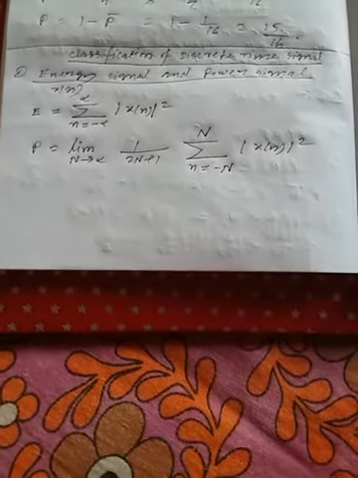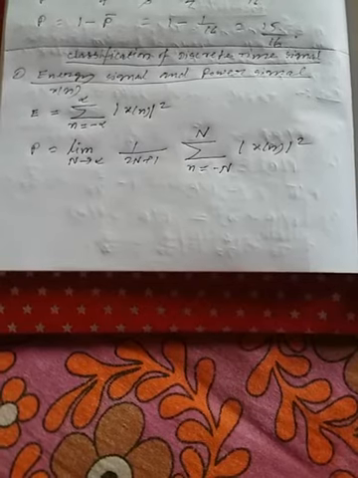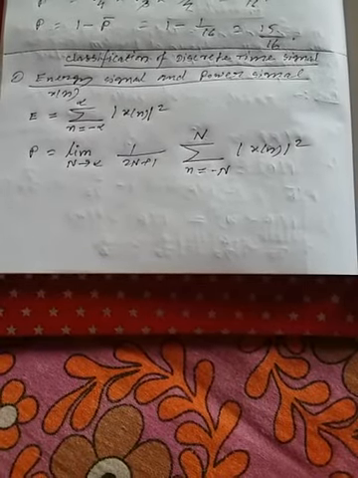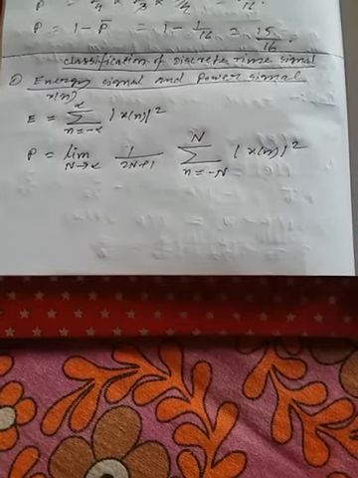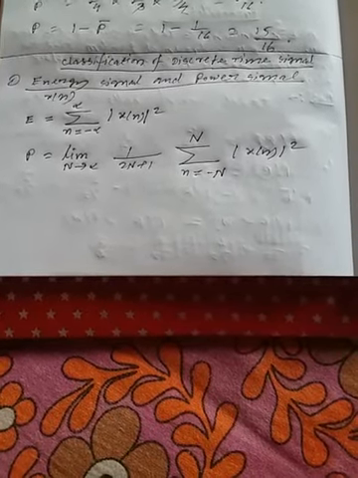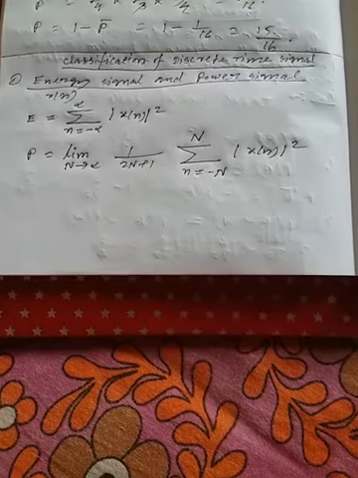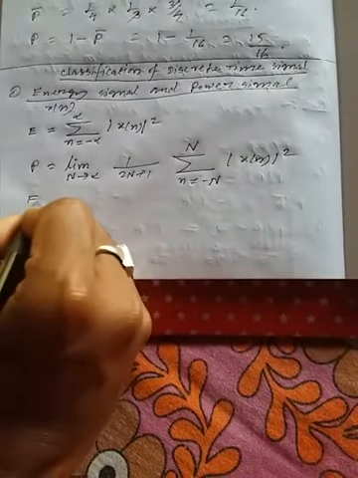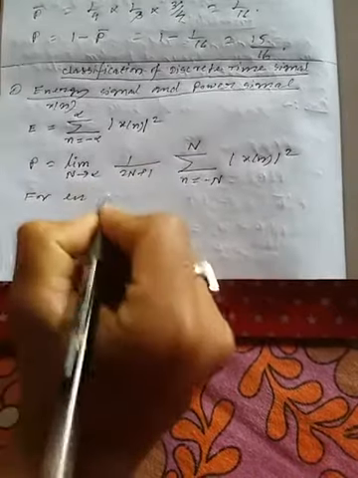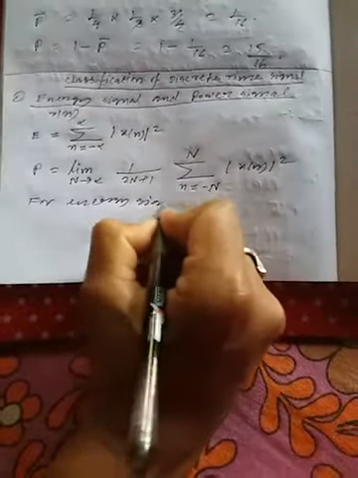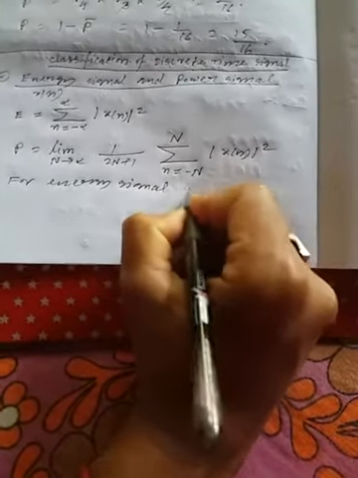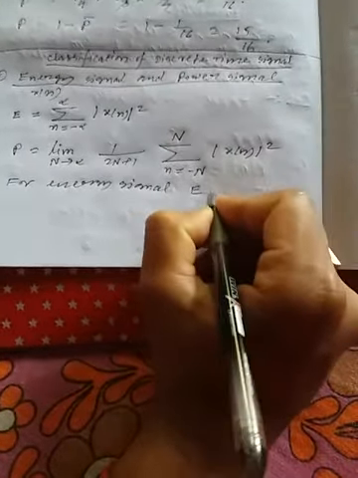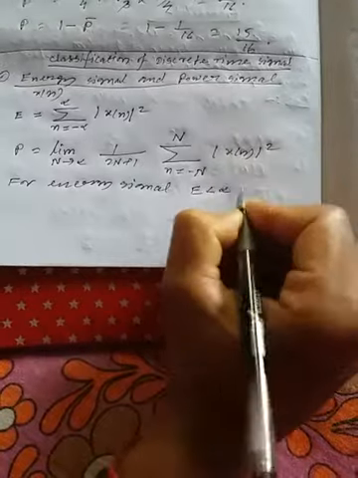Now, what is the definition of energy signal? A signal is an energy signal if and only if the total energy of the signal is finite. So for an energy signal, E should be finite, that means E less than infinity.